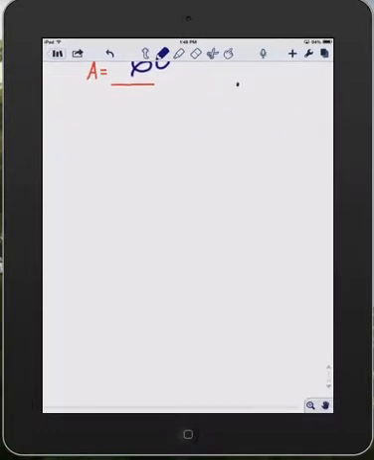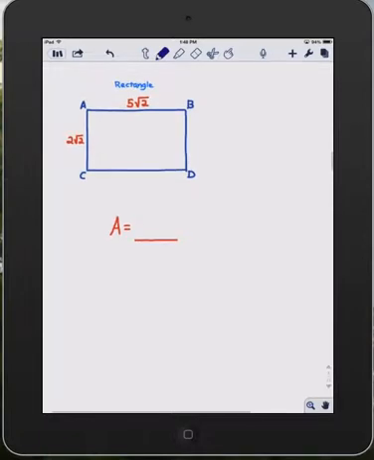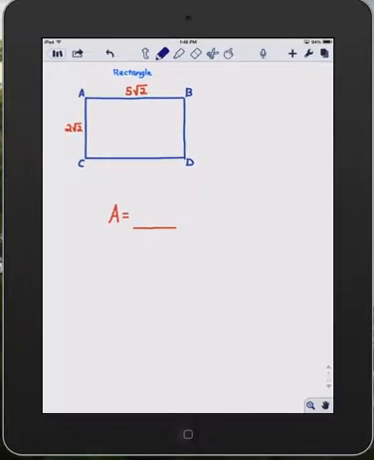Next problem. Now, as we've seen in other problems, the lengths might not always be rational numbers, but the formula still applies. The area still equals the base times the height. The base is any one side, so most people like to consider the bottom to be the base, which is the same as the top.